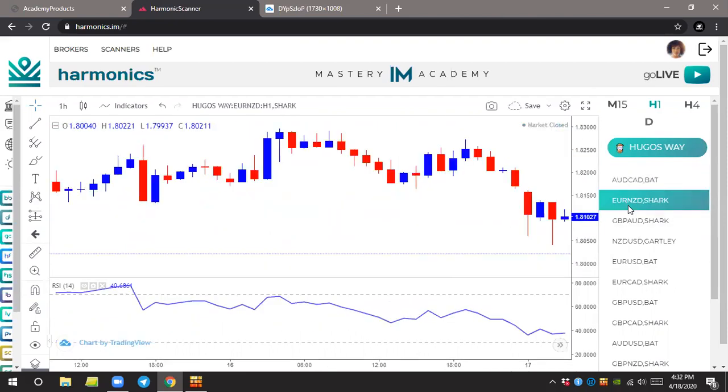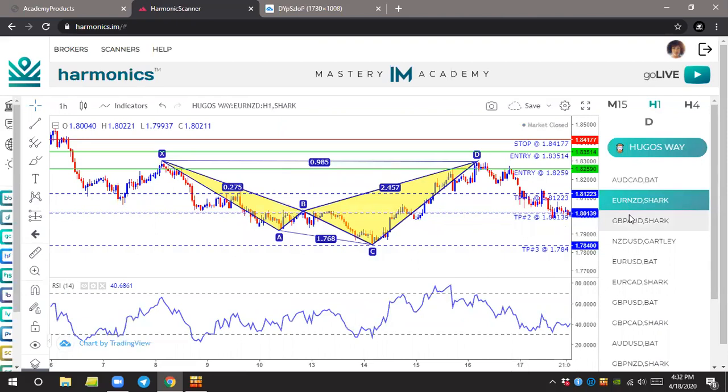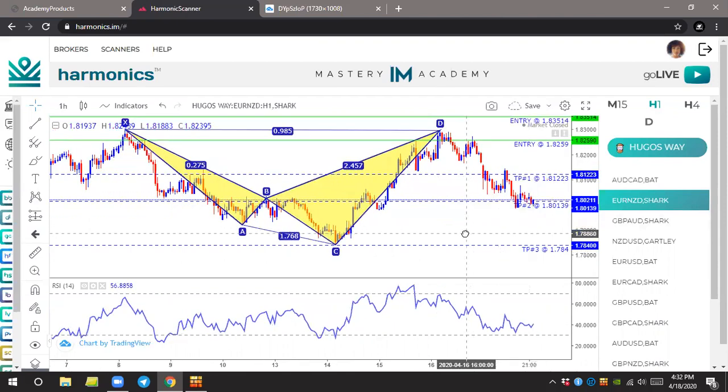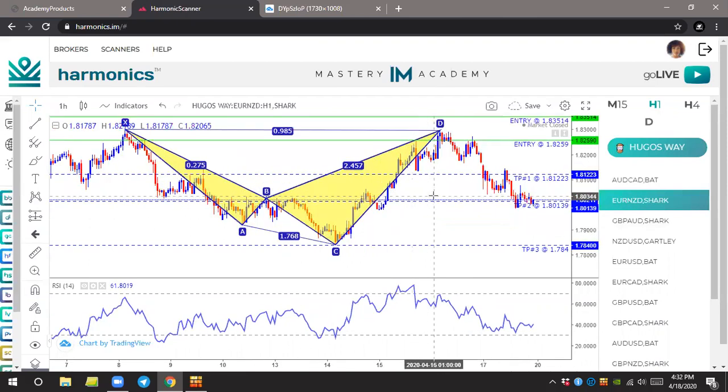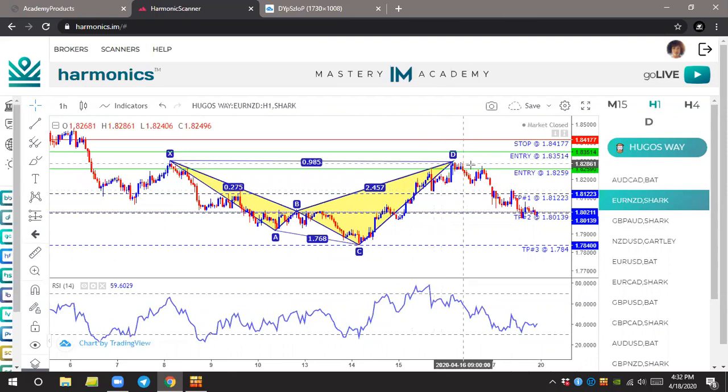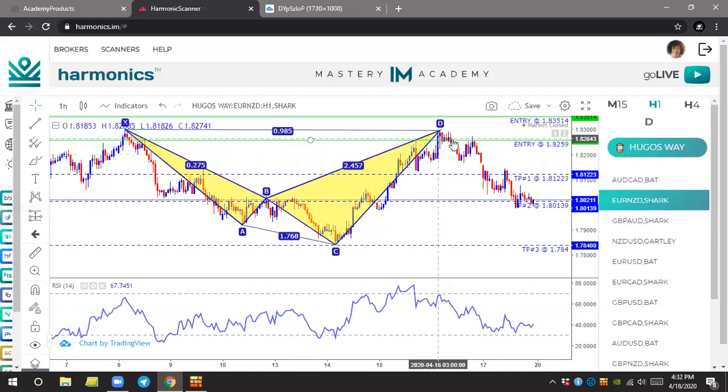You have multiple different trade setups that present themselves for you to be able to take a trade. For example, with a trade like this Euro NZD, the way the market understands this is a potential sell is by these patterns that you see: X, A, B, C, and D. The most important letter to remember is your D, because your D has to match your entry.